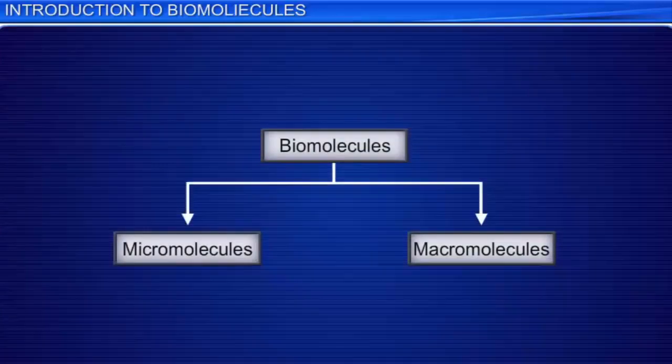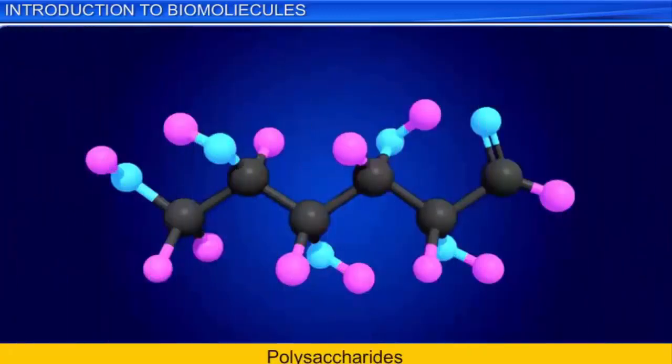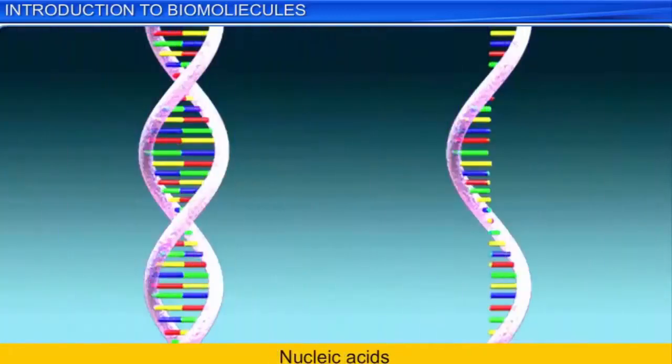On the other hand, macromolecules are biomolecules whose molecular mass is greater than 1000, which includes proteins, polysaccharides, and nucleic acids.